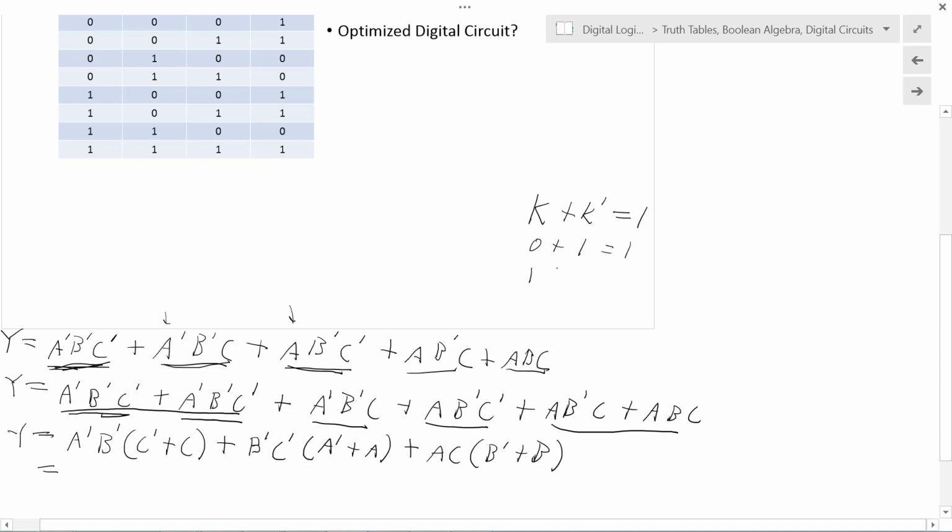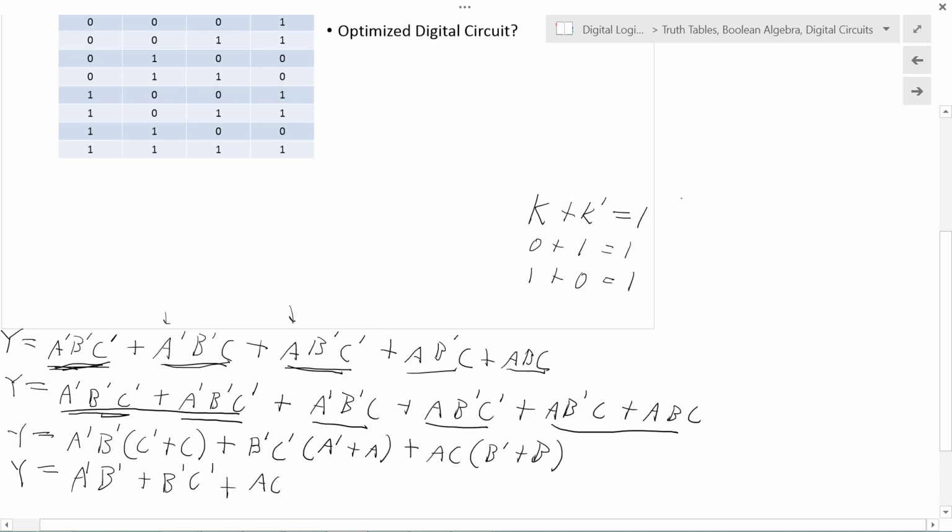If K is equal to 1, K prime is equal to 0, ORed together is equal to 1 again. So we can minimize our Boolean equations like so: A prime and B prime, or B prime and C prime, or A ANDed with C. So quite a bit smaller now.